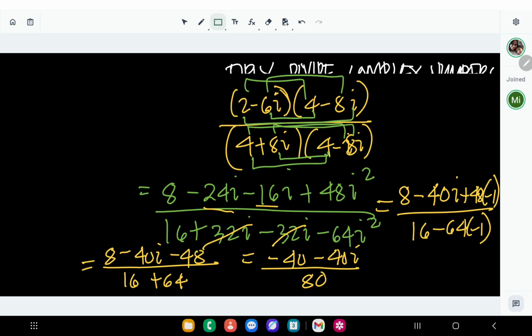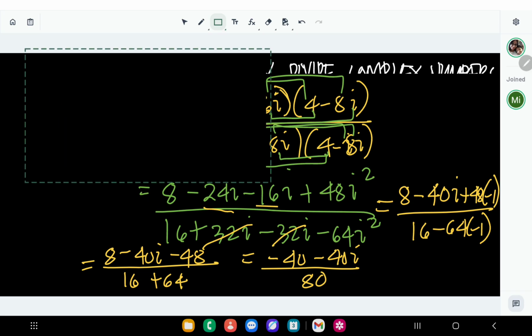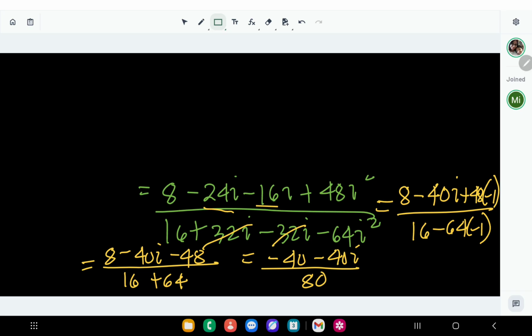Let me delete the first one. Okay, so we have negative 40 minus 40i over 80. So all of these are divisible by 40, right?